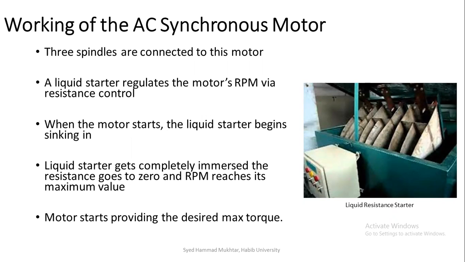When the motor starts, the liquid starter begins to sink in, and until it completely sinks in, the resistance of the motor is at its maximum, and because of the maximum resistance, the RPM is at its minimum. Hence, induced torque is minimum. But once the liquid starter gets completely immersed, the resistance goes to zero and RPM reaches its maximum value, and the motor starts providing the desired maximum torque.